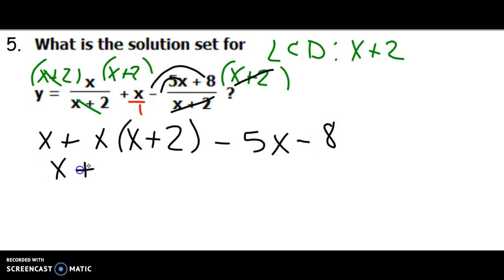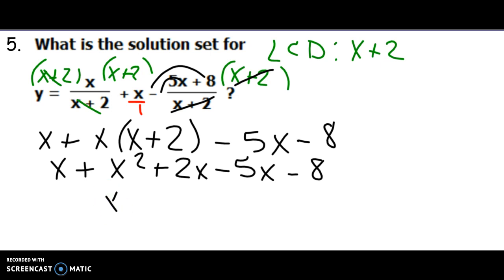So we have x plus, using your distributive property, x squared plus 2x minus 5x minus 8. Solving all of that, we're going to combine like terms. We've got x squared. 2 minus 5 gives me a negative 3, plus 1 gives me a negative 2x minus 8.